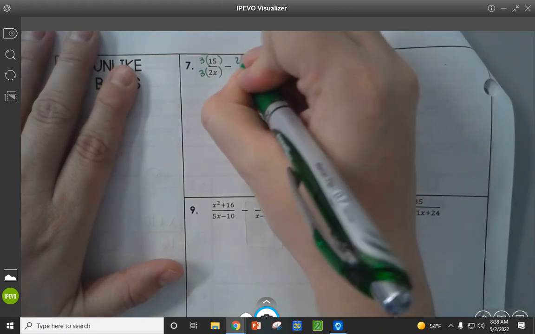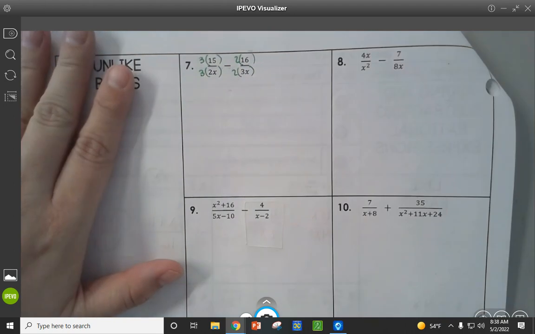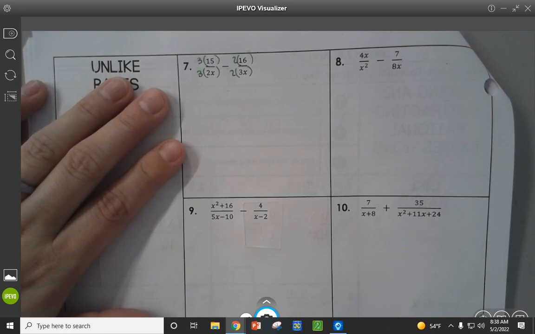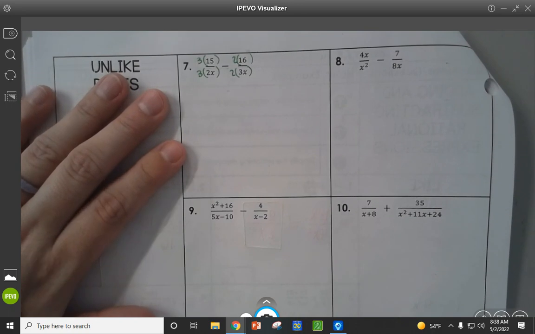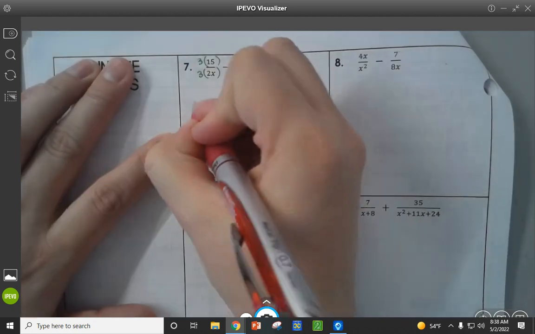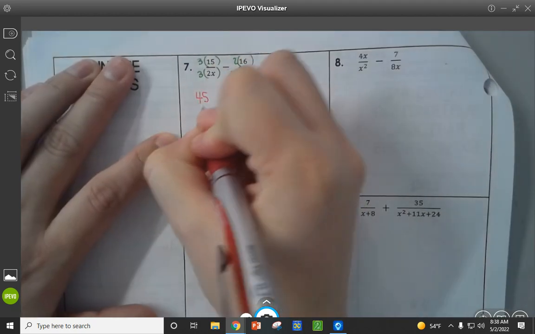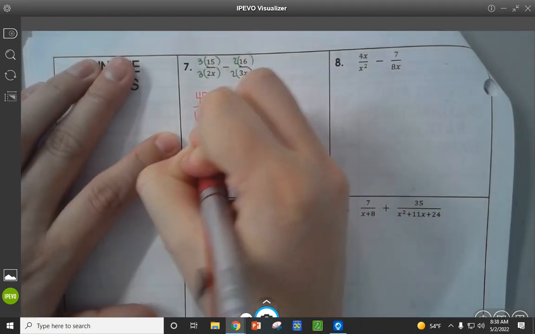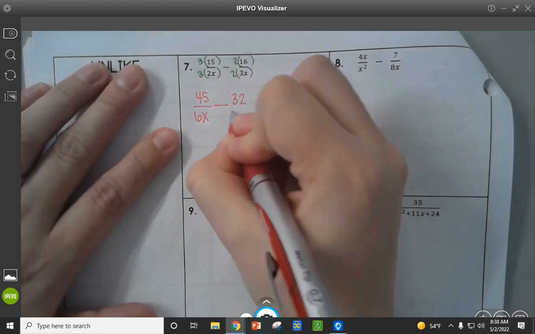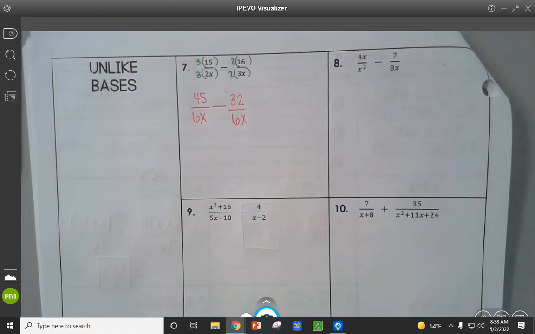So we're going to multiply that by 2. And so my new fraction becomes 45 over 6x minus 32 over 6x.